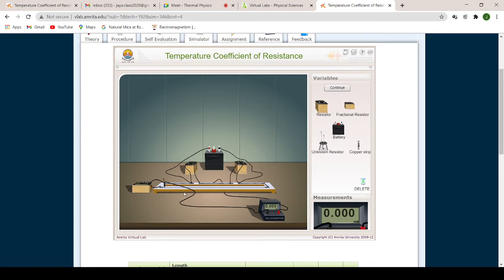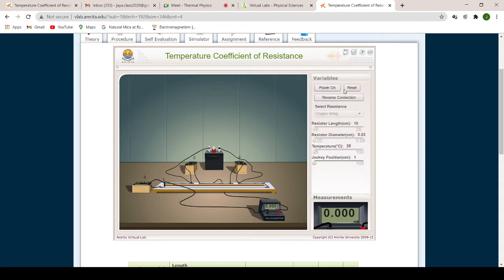Now once all these connections are done, then if you see here, a continue will appear. Okay, on the top, continue will appear. Click on this continue. Okay, so when you click on this, you will be able to see all this. Right now we are not using any unknown resistor. So that's why these are not highlighted over here.